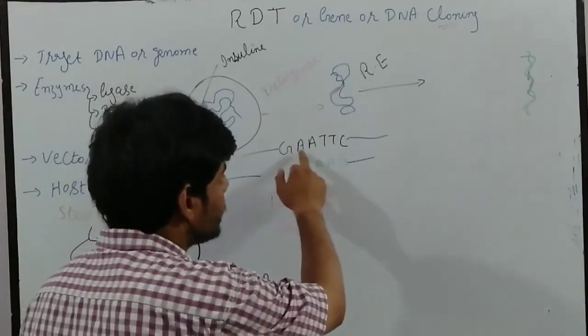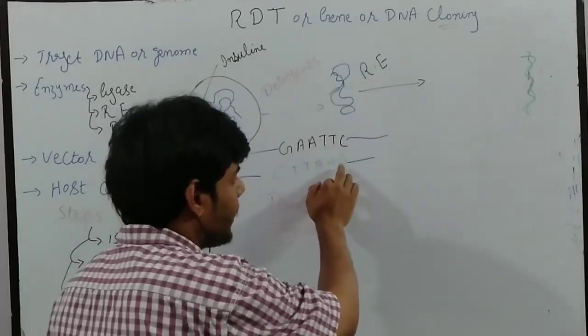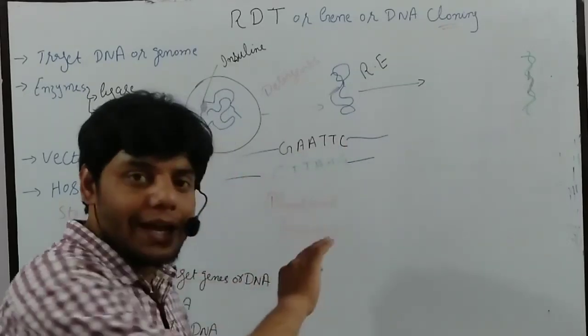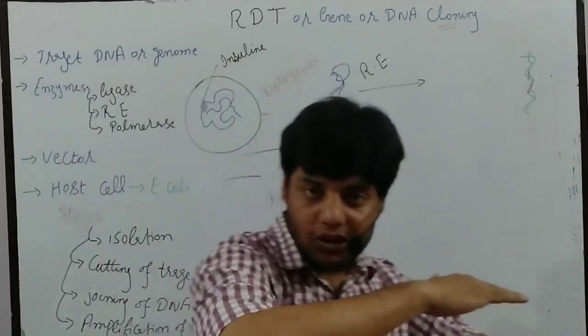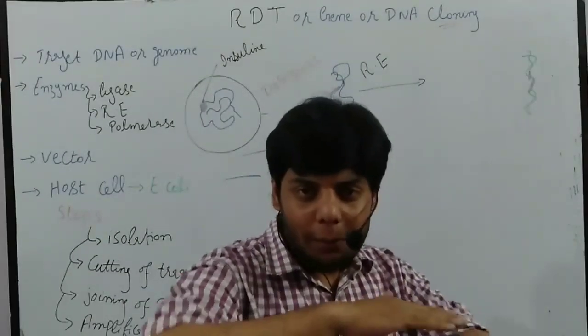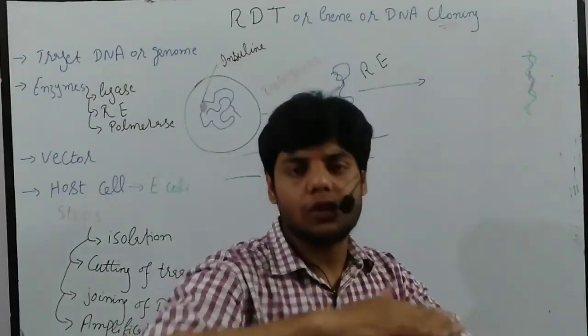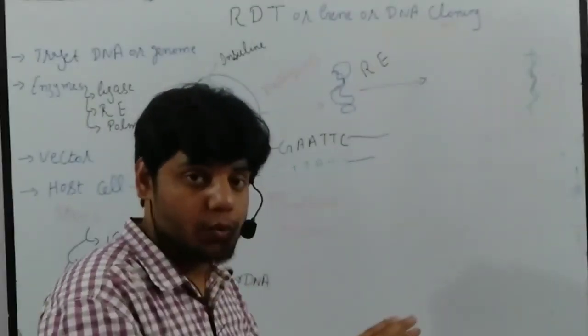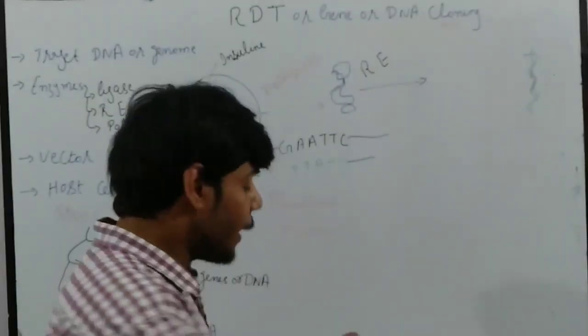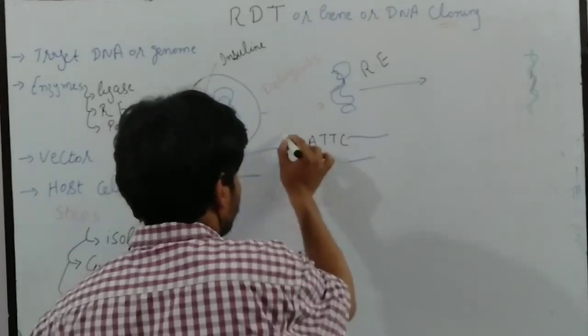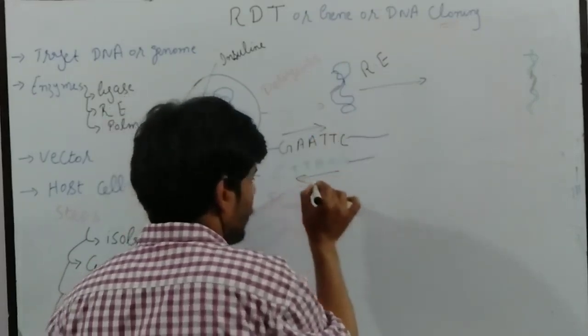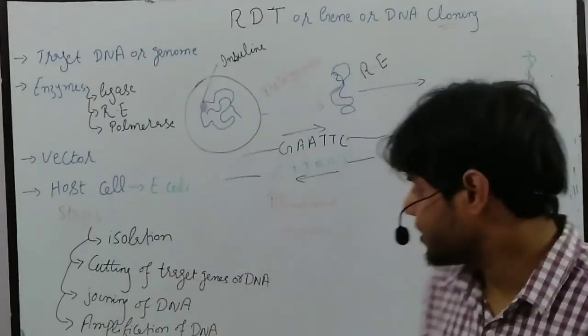As you are watching, GAATTC and again GAATTC. Both sequences are similar to each other, but they are opposite to each other, and we call that palindromic. That's why we call them palindromic sequences.